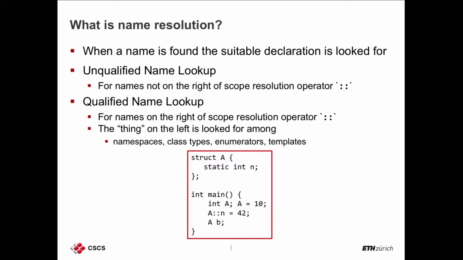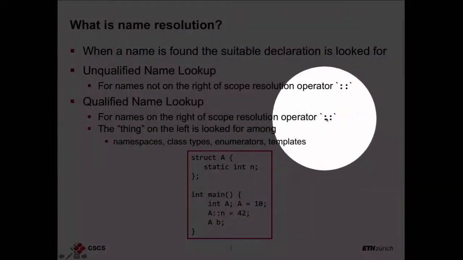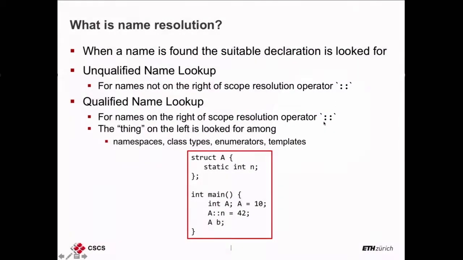I get x, foo, so it looks for x, looks for foo. This is unqualified. The qualified ones are the ones that happen after the colon colon operator. When it happens after that, that is called qualified, because now I'm telling the compiler something specific.